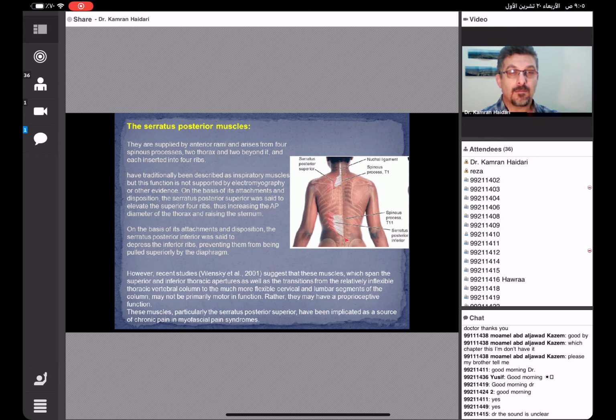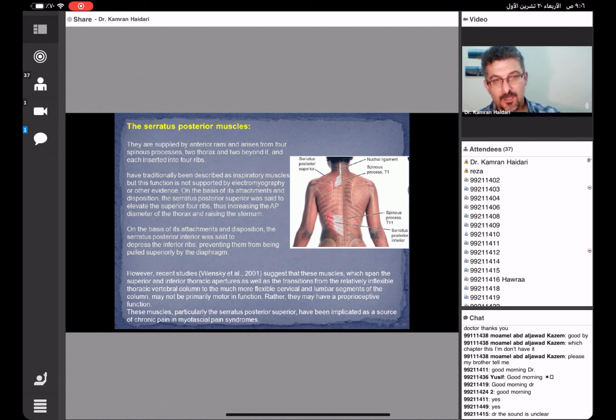Serratus posterior superior is an elevator of the ribs, an elevator of the superior part of the thorax, and the serratus posterior inferior is a depressor of the lower ribs.